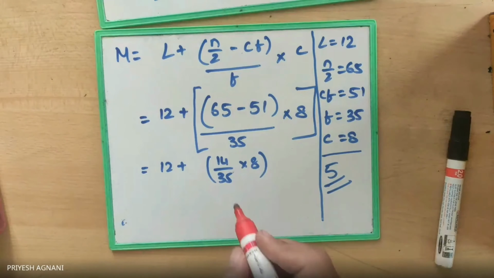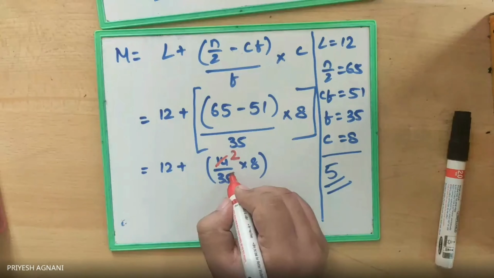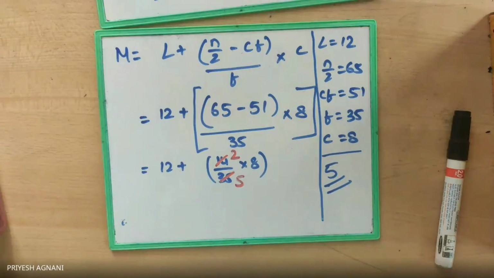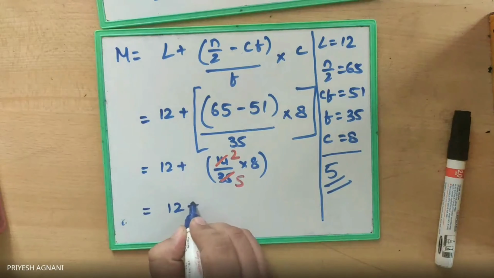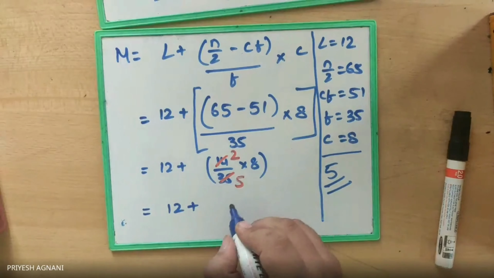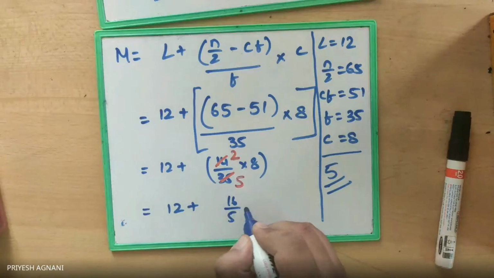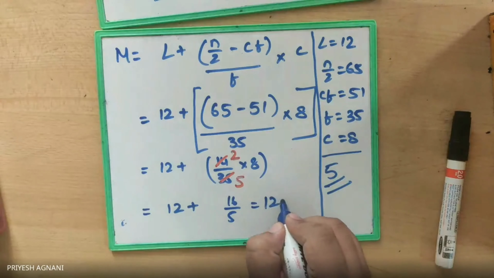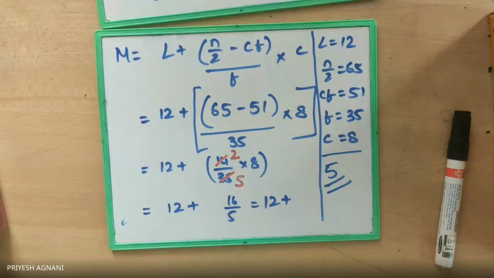What we'll be doing: 7 2s are 14, 7 5s are 35. Now when you do the calculation, you have 12 plus 2 8s are 16, 16 upon 5, that is equal to 12 plus 16 divided by 5.